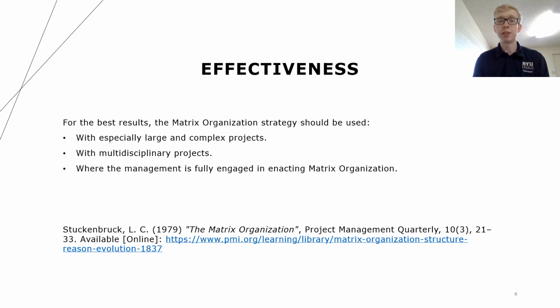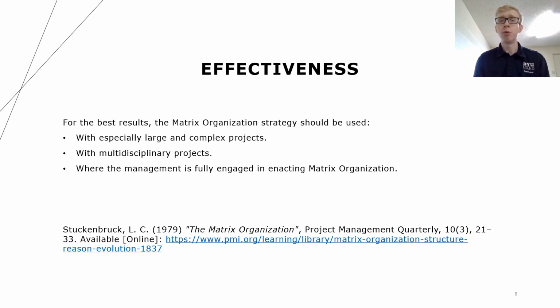Some important ways to make the matrix organization especially effective: first of all, it should be used with large and complex projects. This is because matrix organization organizes many dozens of developers into many various teams. If a project is too small, it won't be able to have a team large enough for matrix organization to make sense.